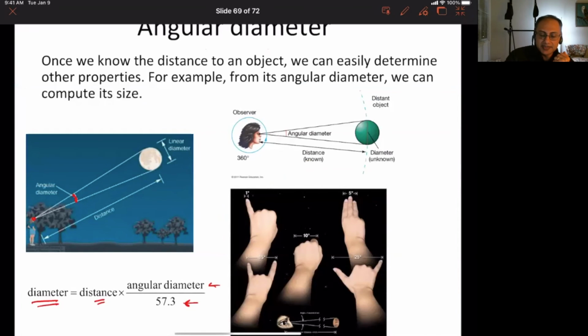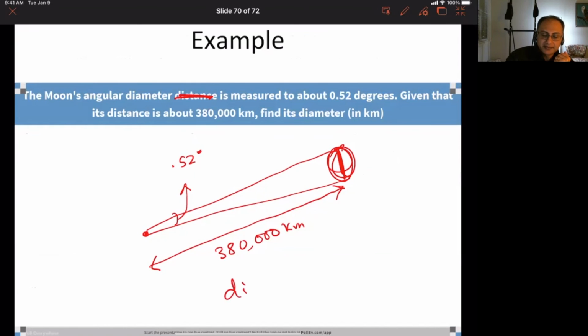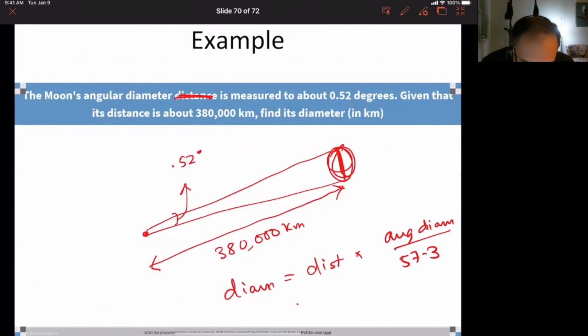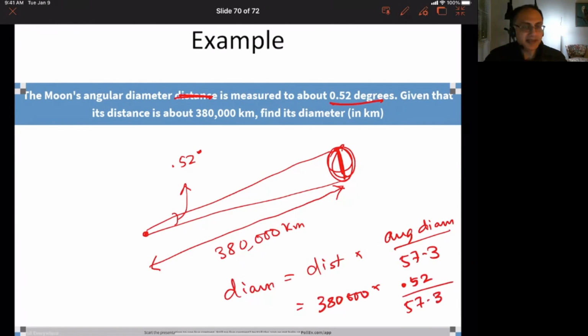Diameter equals distance multiplied by angular diameter divided by 57.3. So you just need to plug in the distance, which is 380,000 kilometers, multiplied by 0.52, that's given, divided by 57.3. Can somebody work this out and tell me what you get?